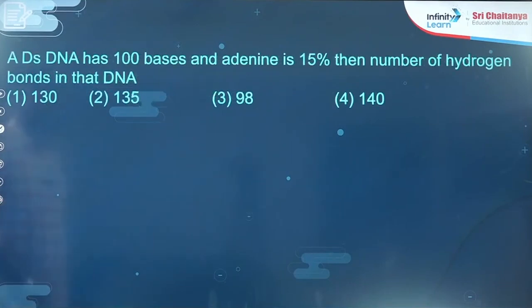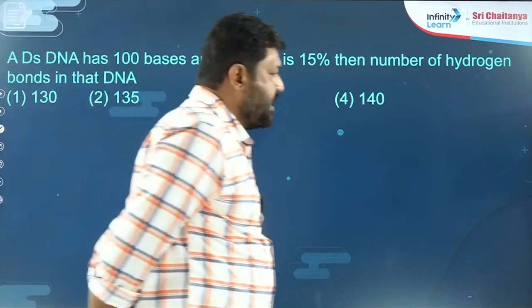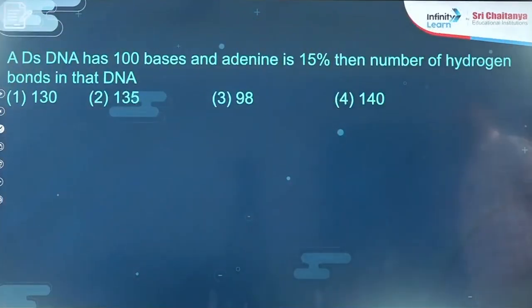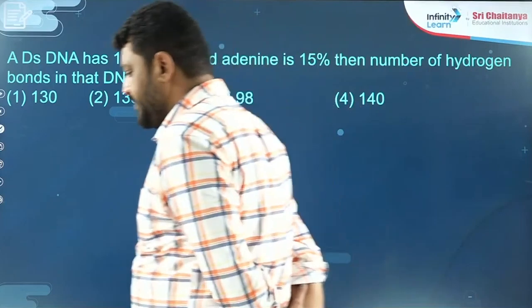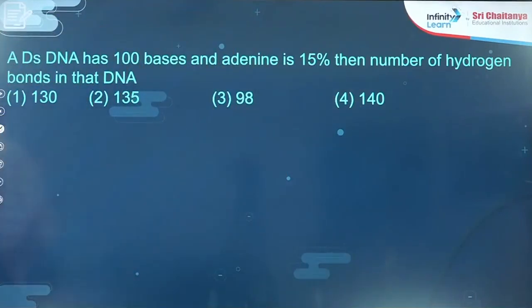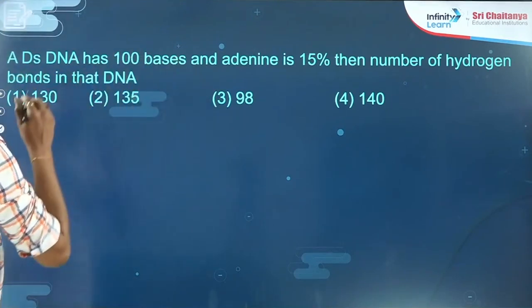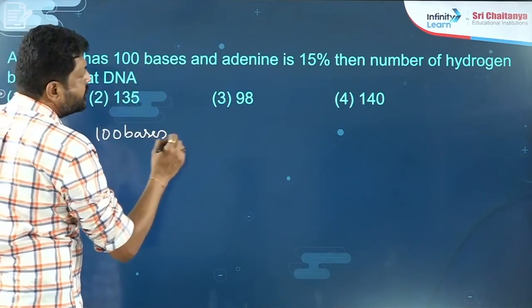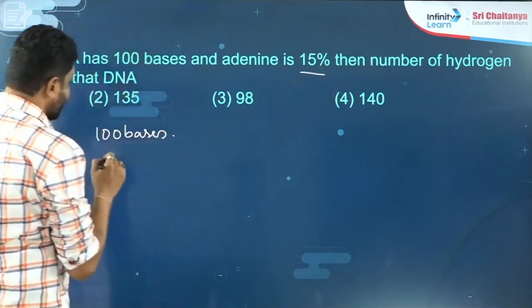Okay. Next question. The double stranded DNA has 100 bases, adenine is 15%. The number of hydrogen bonds in the DNA? Can anyone work out this answer? So in a double stranded DNA, 100 bases are there, with 15% adenine.